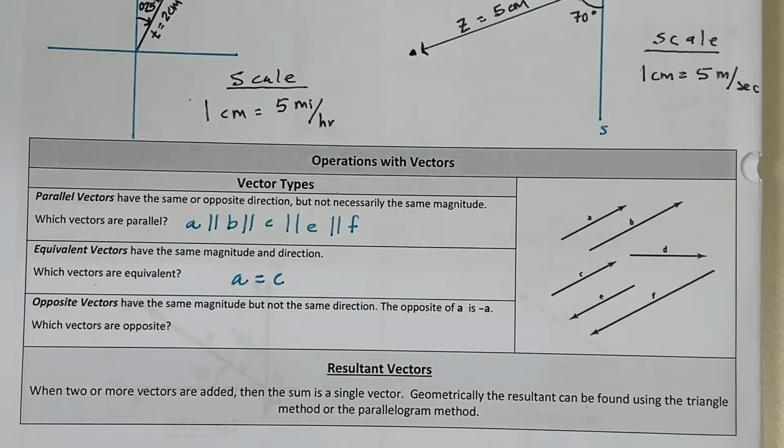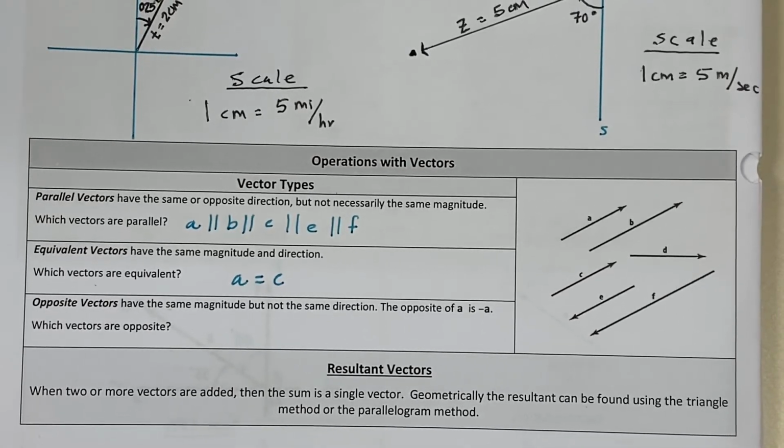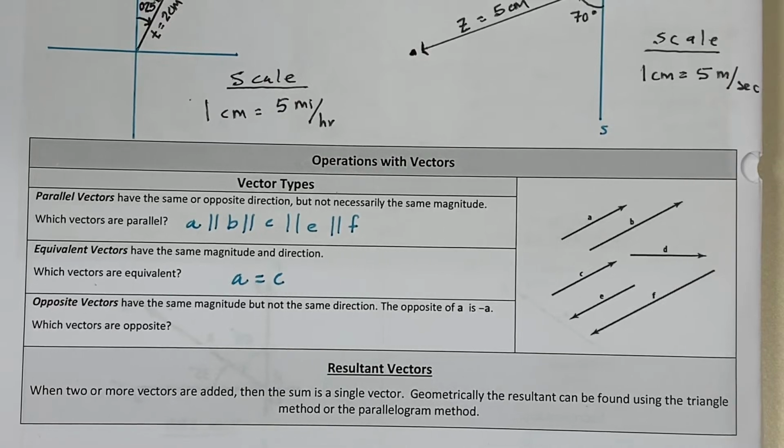Okay, opposite vectors have the same magnitude or length, but not the same direction. Their directions are exactly opposite each other. So if you look, notice vector A, the arrow points up and to the right, well, vector E points down and to the left, but they appear to be the same length.